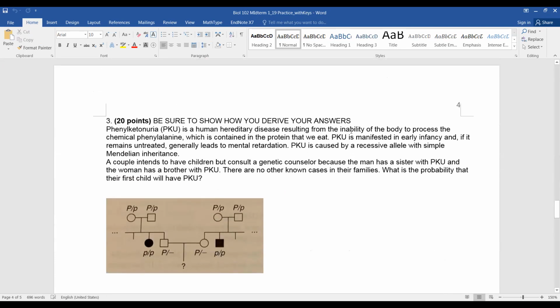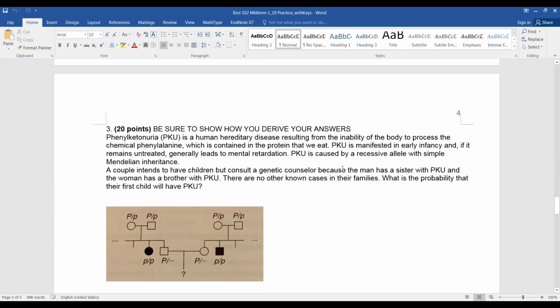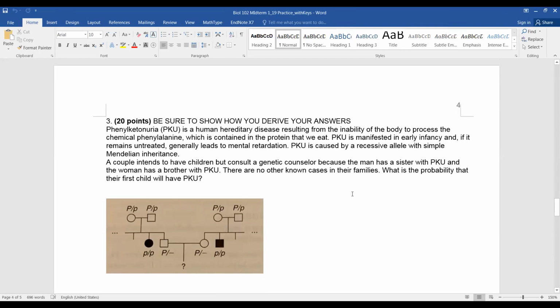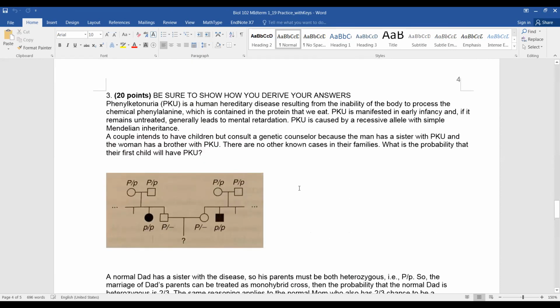All right, this is another question. This is another field that I can ask you about, because we learned human genetics and we learned how we can study a pedigree to help us calculate the probability of any matings. I just gave you exactly the same problem that I gave you in one of the quizzes.